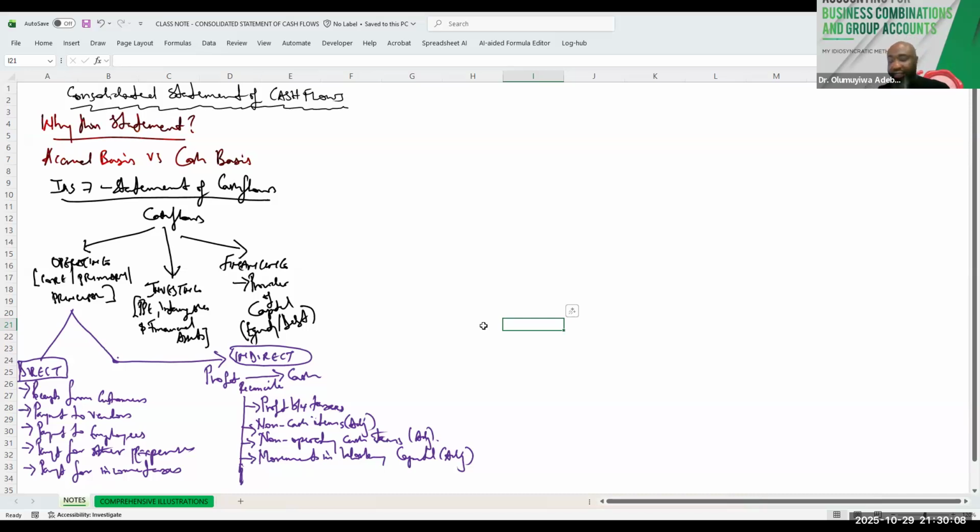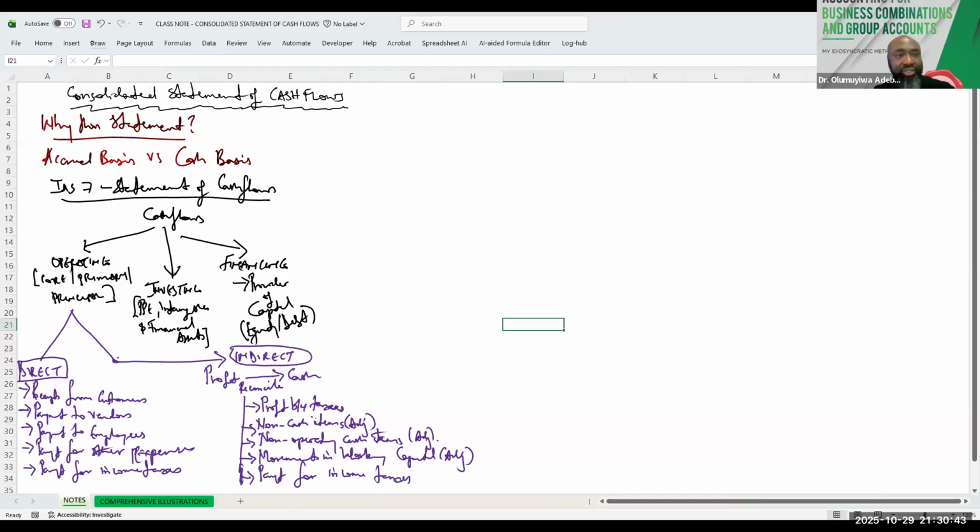Thereafter, all things being equal, we can now recognize, similar to the direct method, the payment for income taxes, which means the cash paid for our corporate taxes in that year. And that is how we present the statement of cash flows from operating activity.